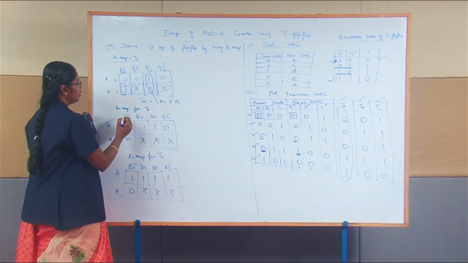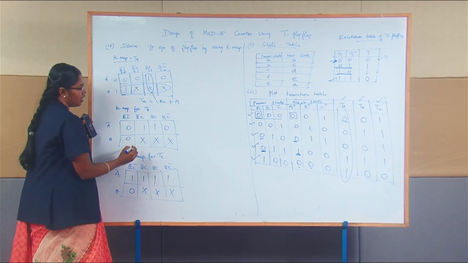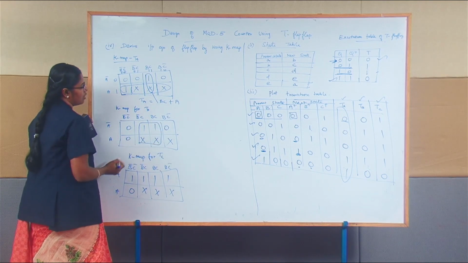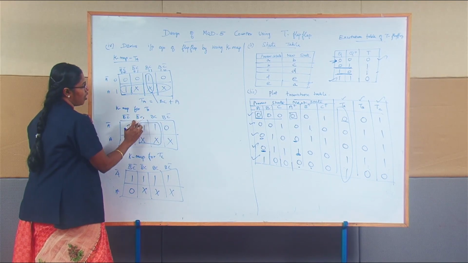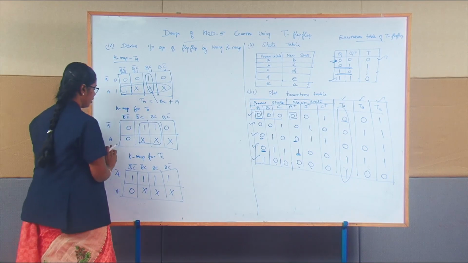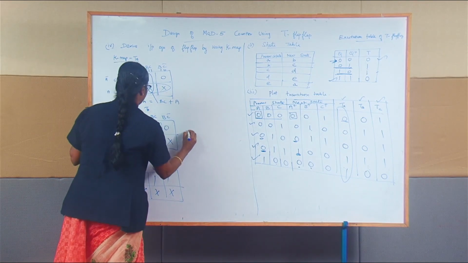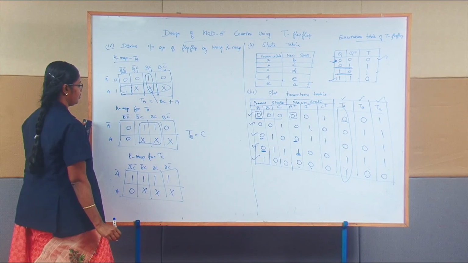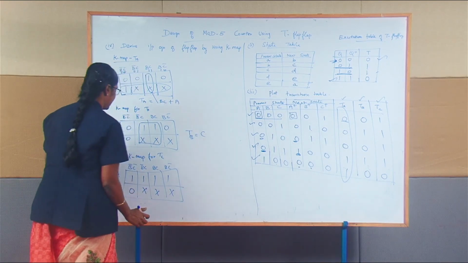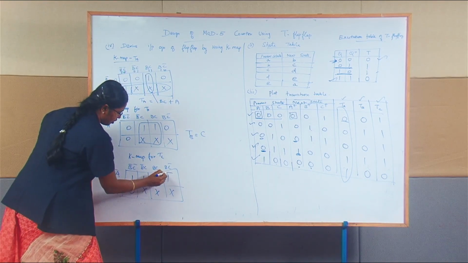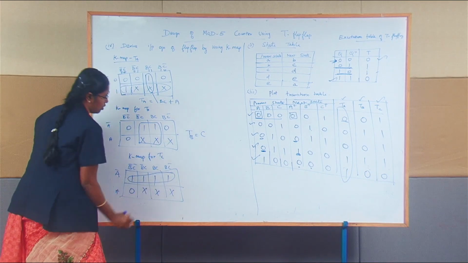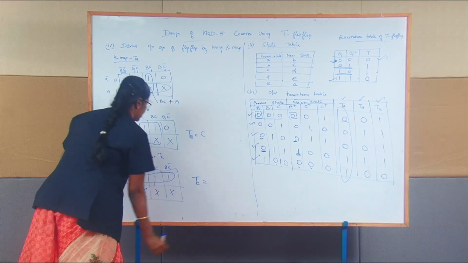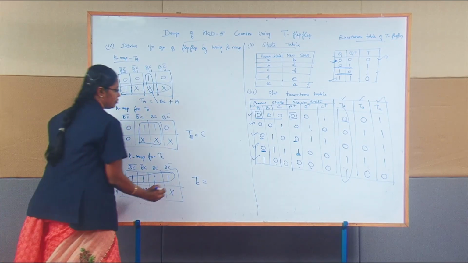Next, K-map for TB. Here there is one quad group possible. The common term in these two columns is C, so the value of TB is equal to C. And next here also one quad group is possible, and the value of TC is A bar.